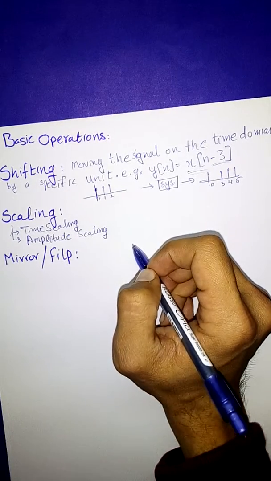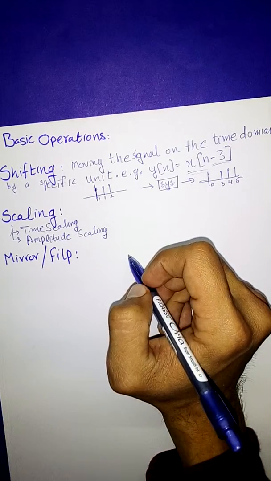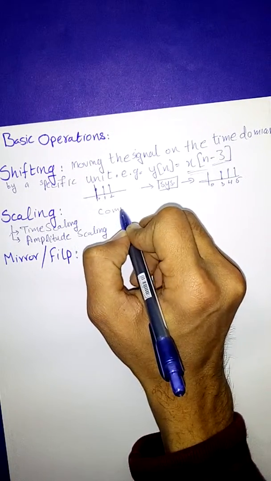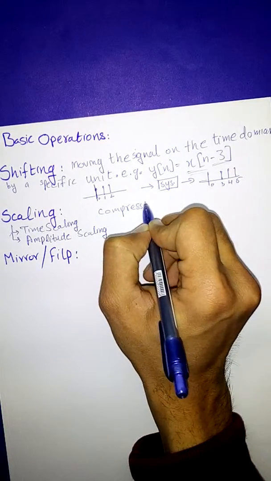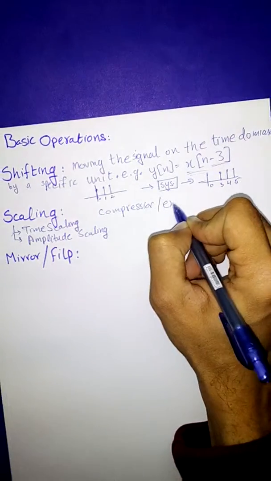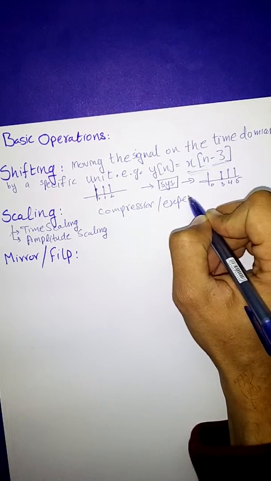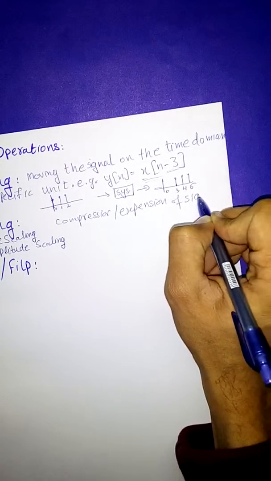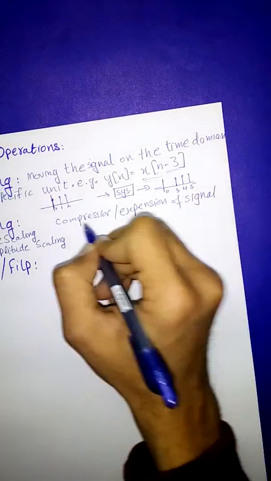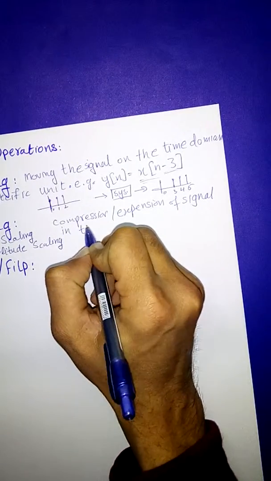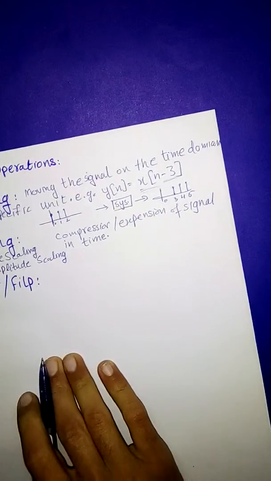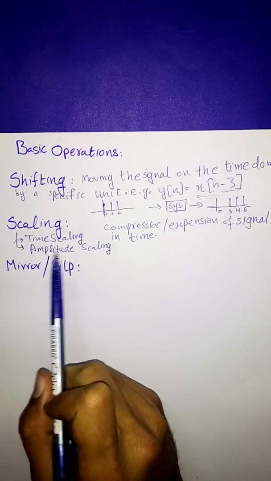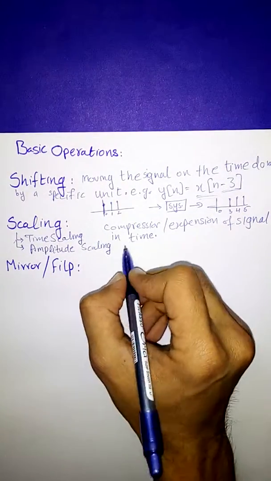Scaling is the compression or expansion of signal in time domain, in time. So we have discussed, it has two types: time scaling and amplitude scaling. I will give the example of both.